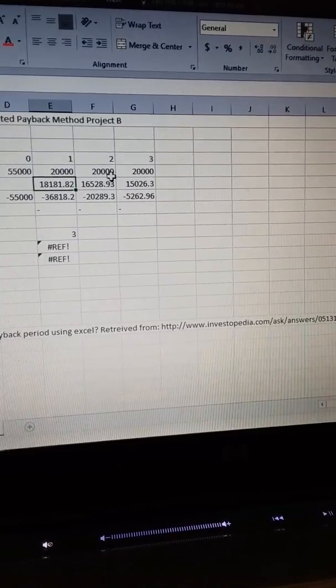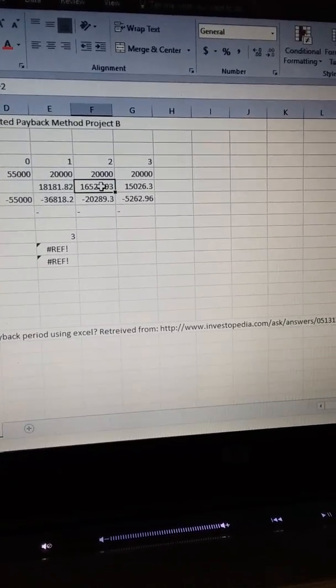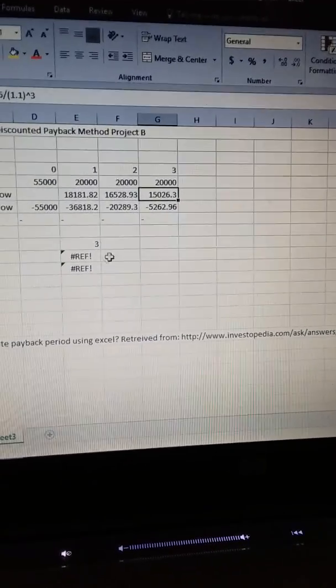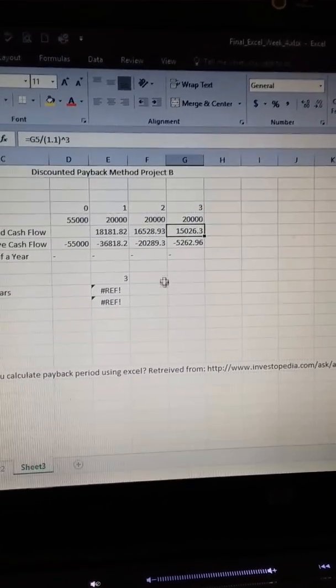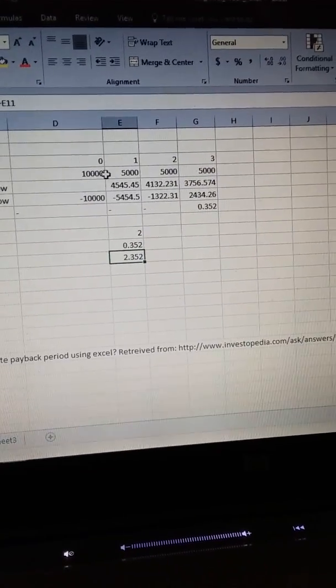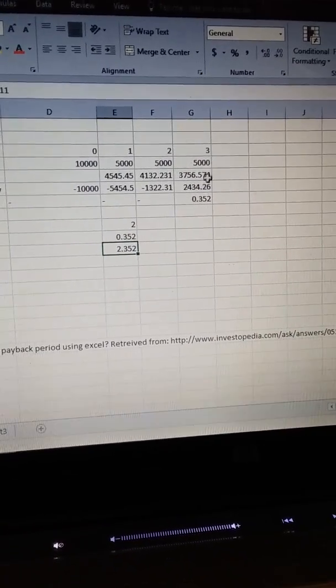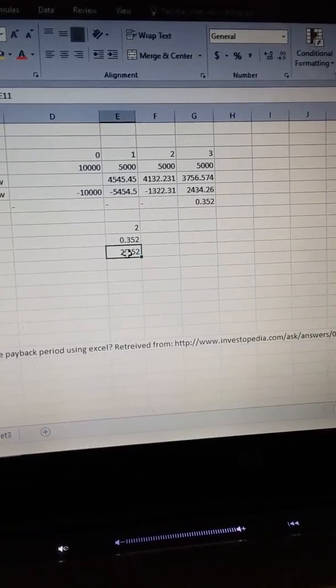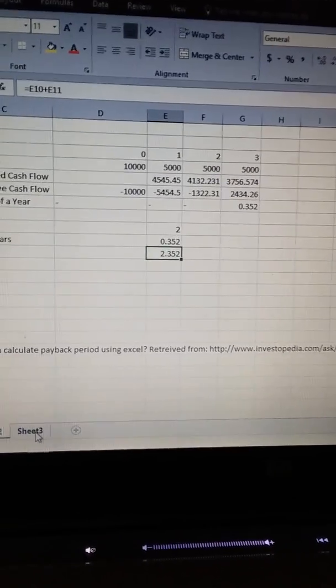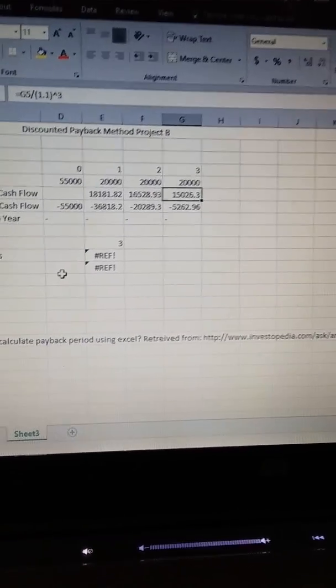So on this one again, you would accept project A, because your project A would obviously pay back in 2.352 years. So that's the difference between the two projects.